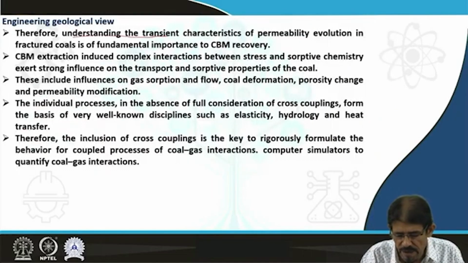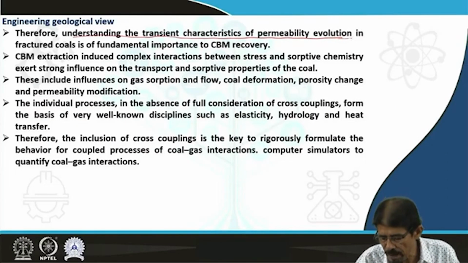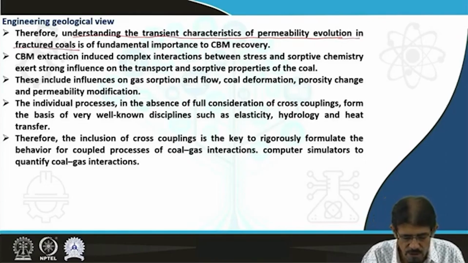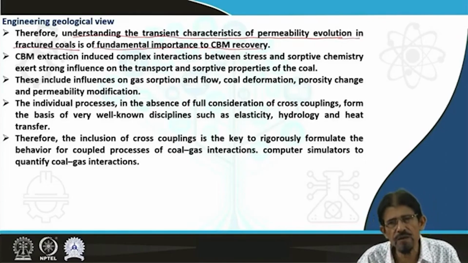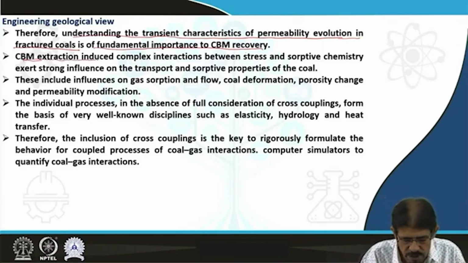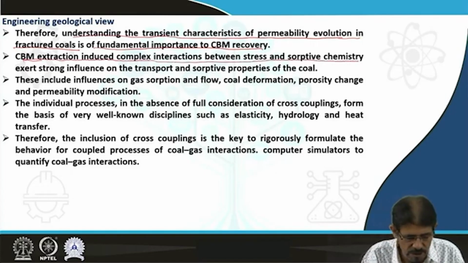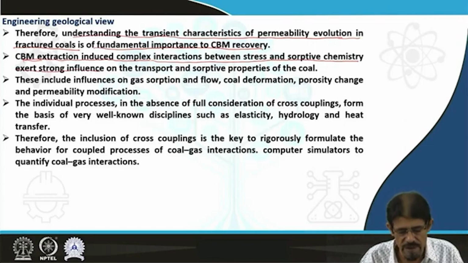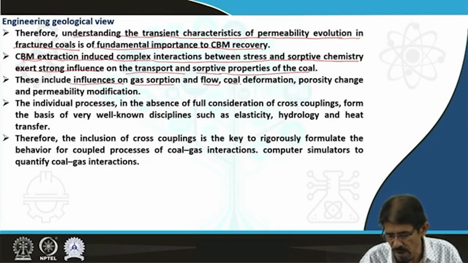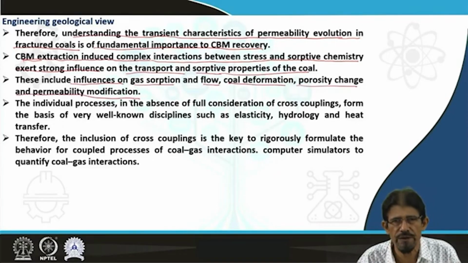Therefore, understanding the transient characteristics of permeability evolution in fractured coal is of fundamental importance to CBM recovery. CBM extraction induces complex interaction between stress and sorption chemistry that exerts strong influence on the transport and sorptive properties of the coal, including influence on gas sorption and flow, coal deformation, porosity change and permeability modification.